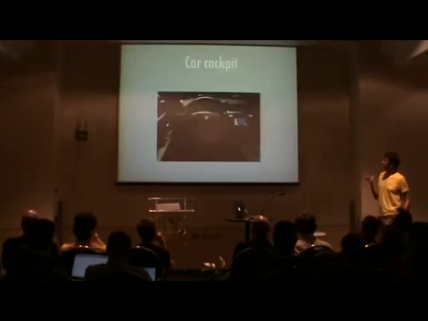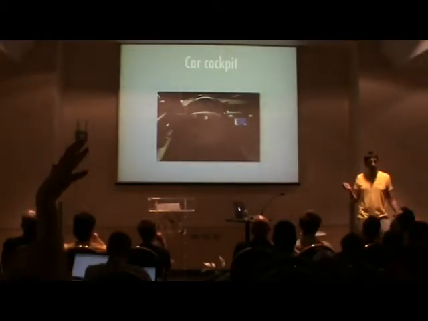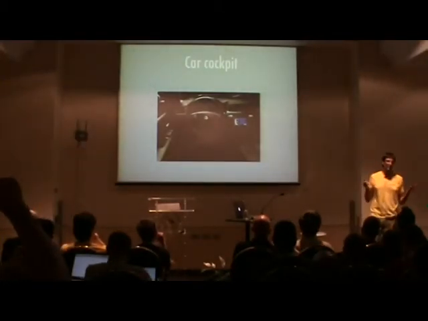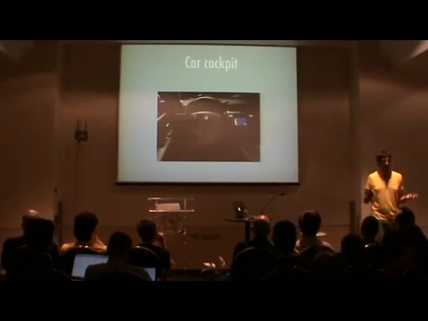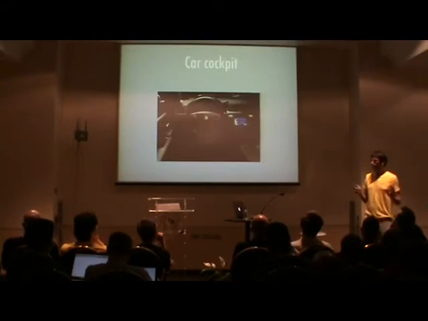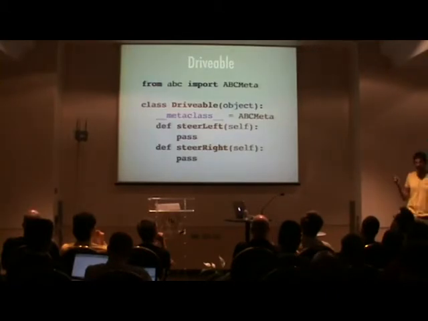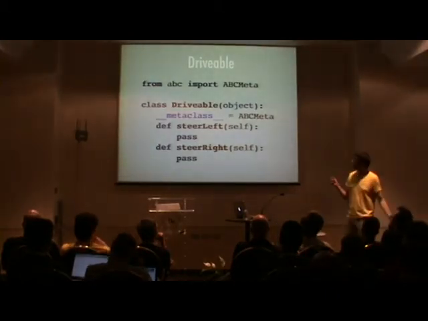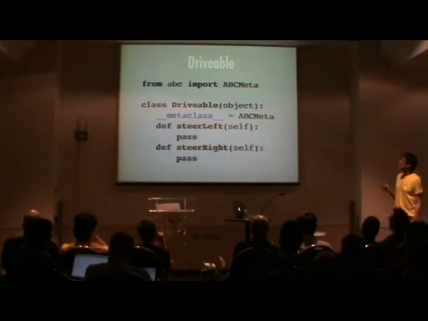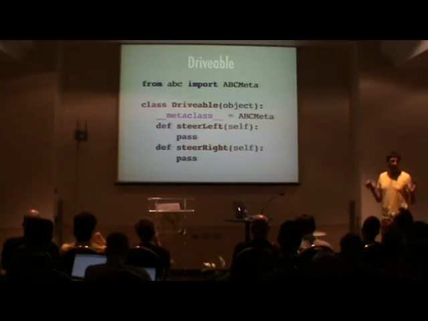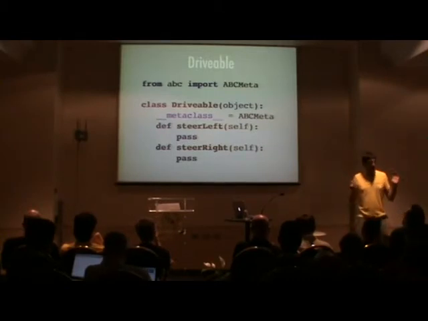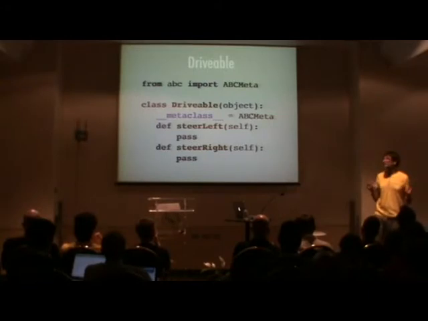Consider this basic example. This is a car cockpit. You can drive almost any car if you've got a driving license. You don't need to know the specific make or model of such a car. So we could imagine an interface like Drivable, something like that. You don't yet have to use ABC. You don't have to use anything. When you do duck typing, what's important is to think about your interface and just use methods from your interface.